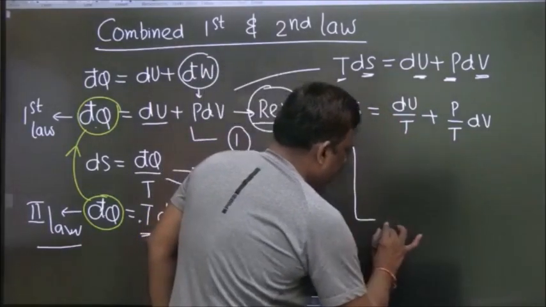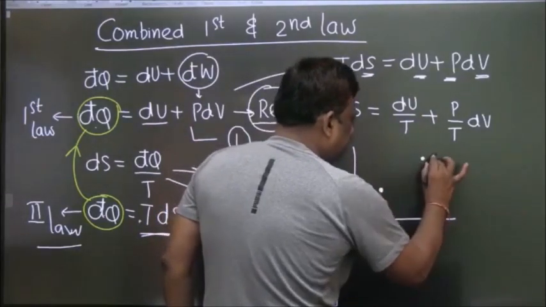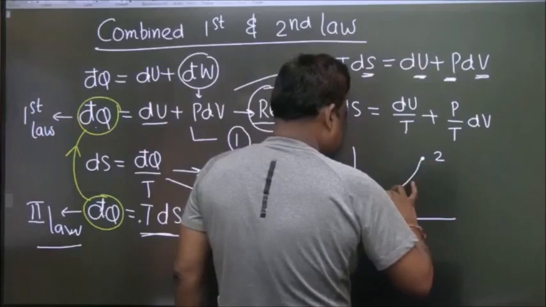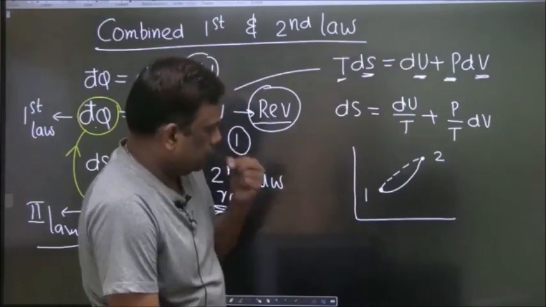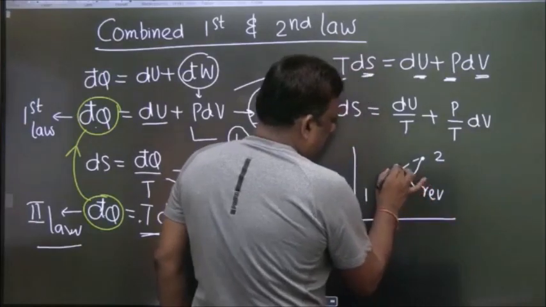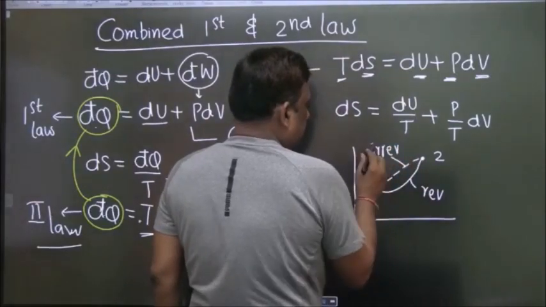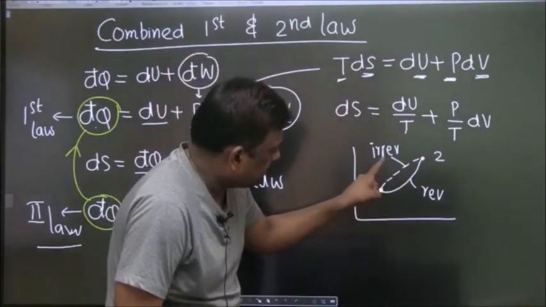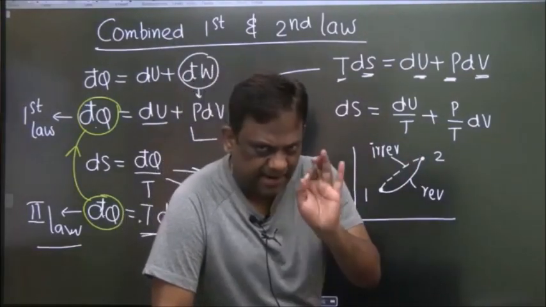Now the question is, there are 2 points, say 1 and 2. One is reversible, the other is irreversible, but these two processes are connected between the same endpoints.